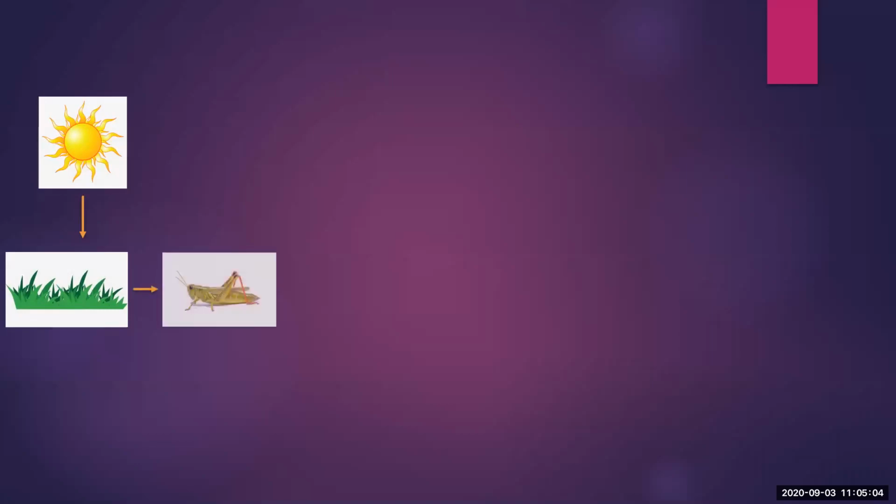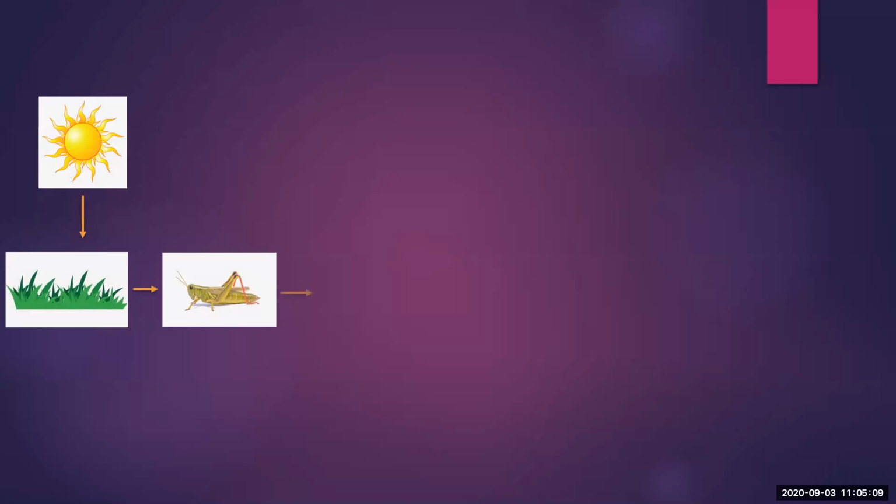You can see your sun. Now we will see the food chain. You can see a grass. So grass, with the help of sun, will produce what? It will produce the food. Grass is the producer. Grass is eaten up by the grasshoppers.